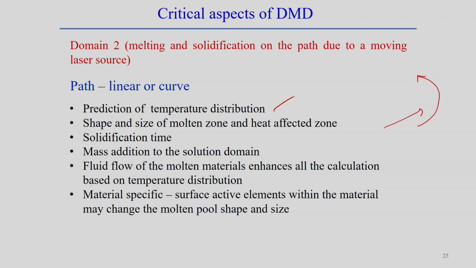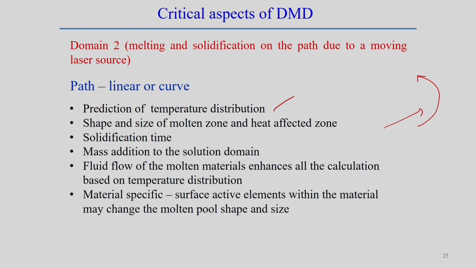And of course, although the material is not in a very superheated condition, fluid flow consideration may still be significant, and that improves the prediction of the temperature distribution. Therefore, fluid flow can also be included in domain 2, where we are trying to analyze the temperature distribution.